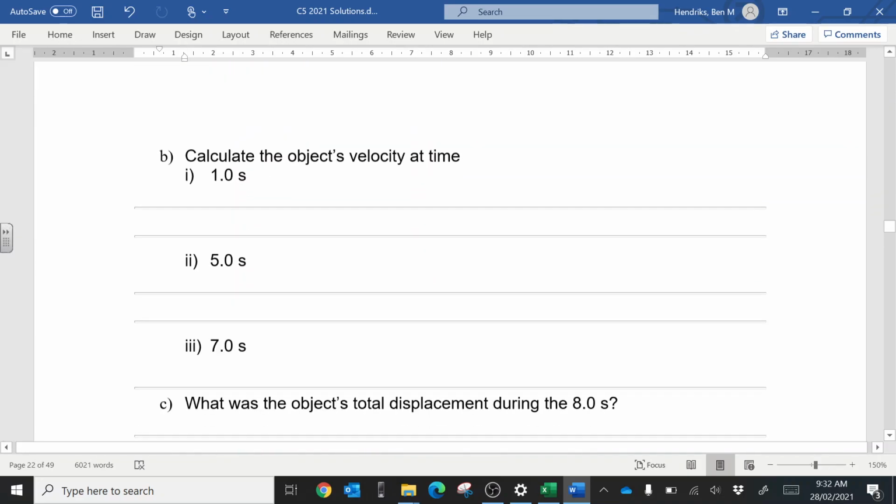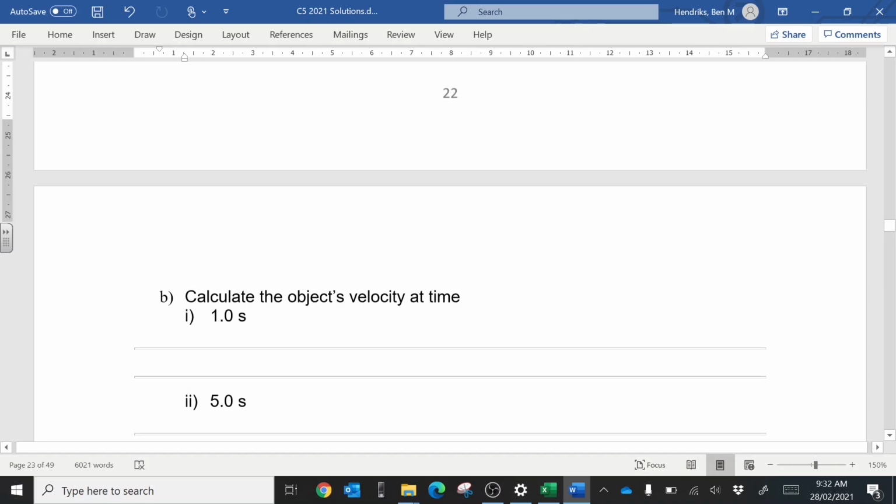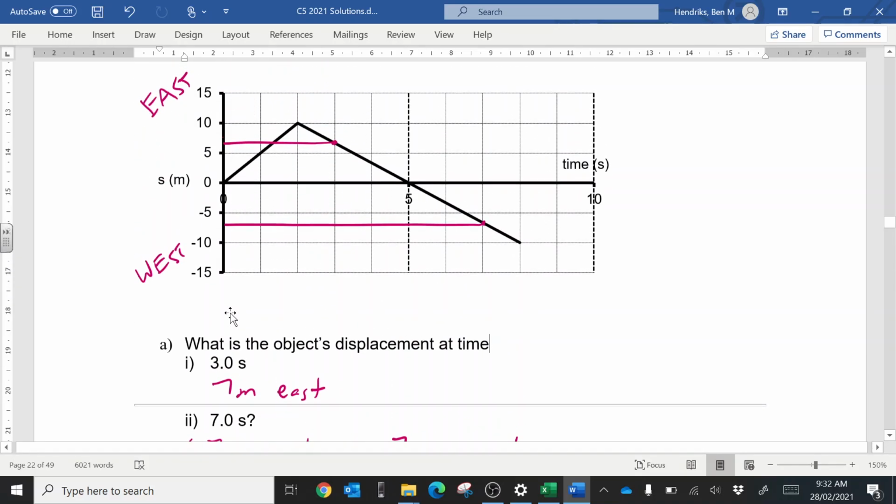So calculate the object's velocity at time 1 second. If you remember, the way to calculate velocity is by looking at the gradient of the curve. You can use any point along this curve, as the gradient remains the same on a straight line.